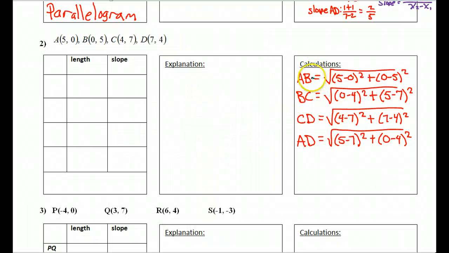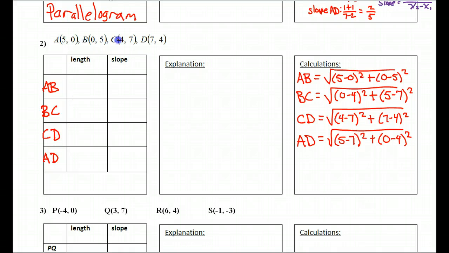Okay, so these are the length calculations for quadrilateral ABCD. And I should mark this. Okay, so side AB, BC, CD, and AD. Just make sure you put those in order like that.